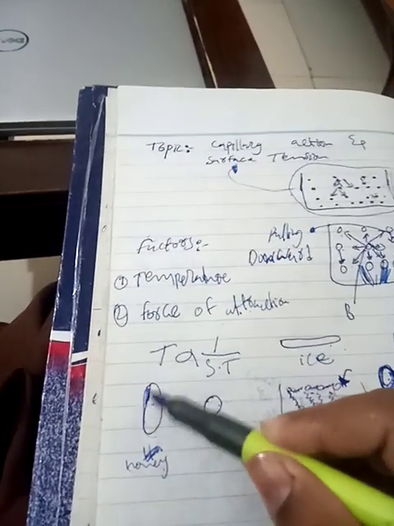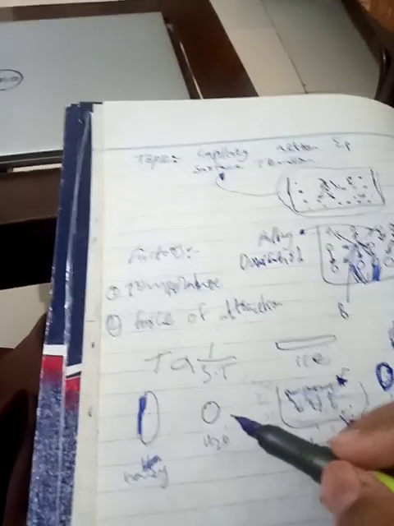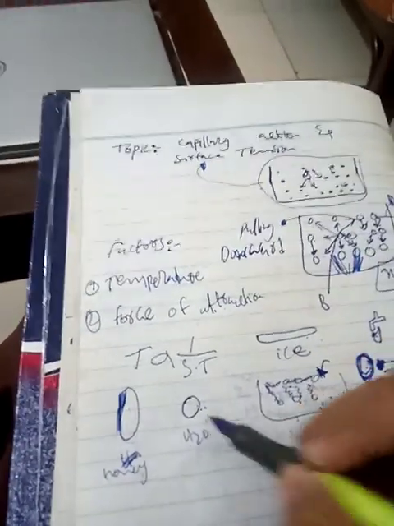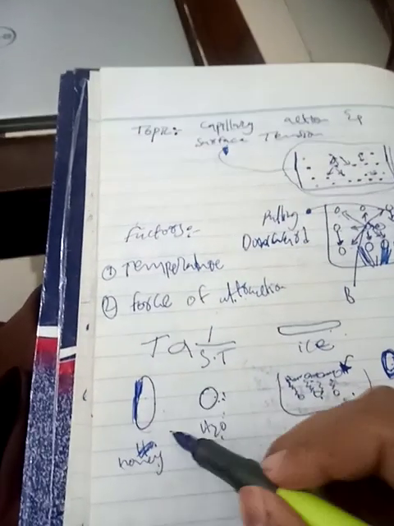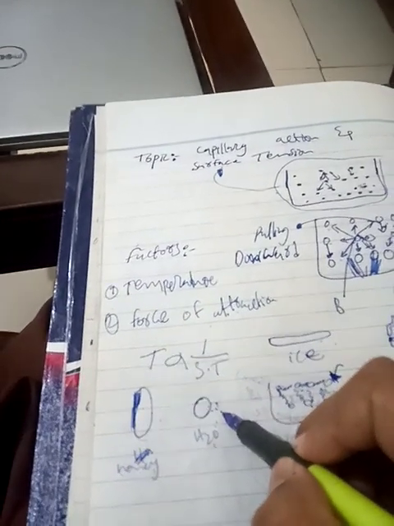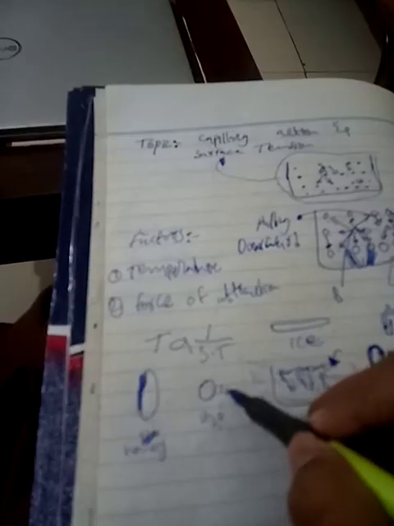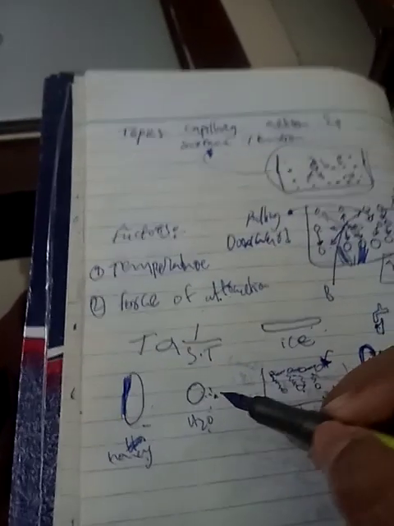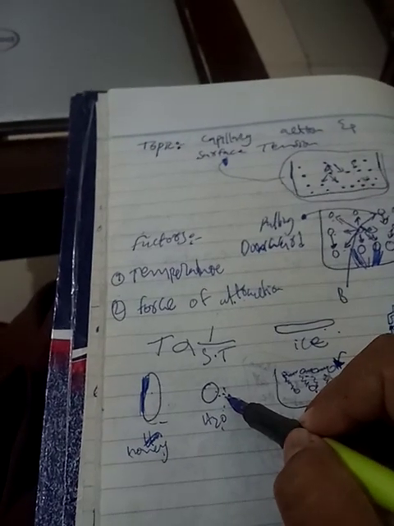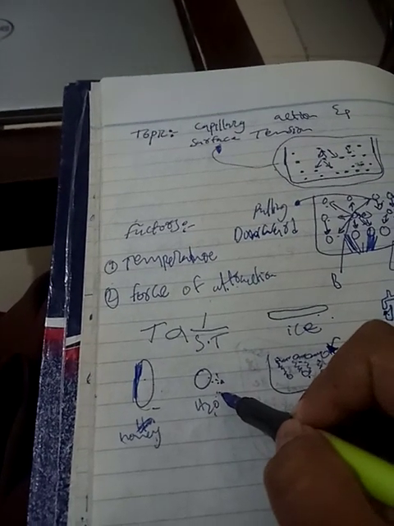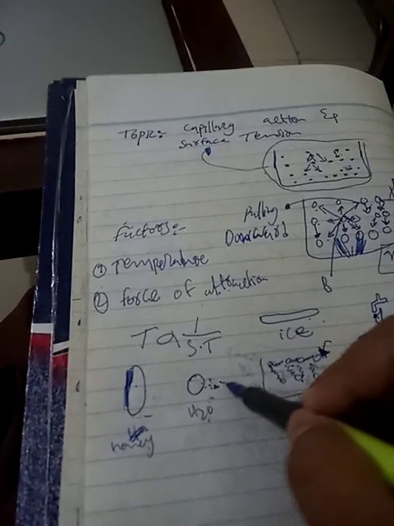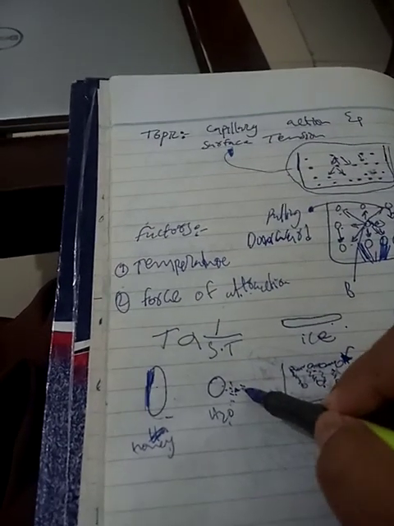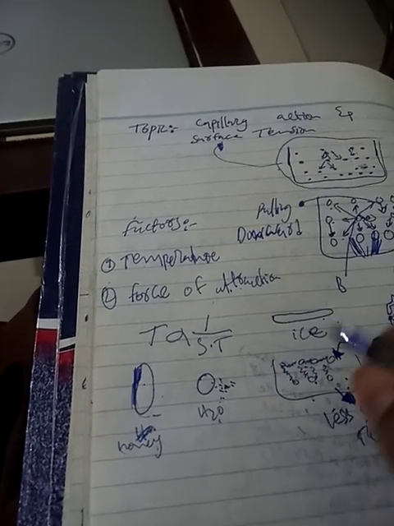So H2O is spherical and honey is more spread out than H2O. The reason is that in H2O we have a stronger force of attraction as compared to honey, and that stronger force of attraction causes the molecules to take a more spherical shape, and that spherical shape gives more surface tension.